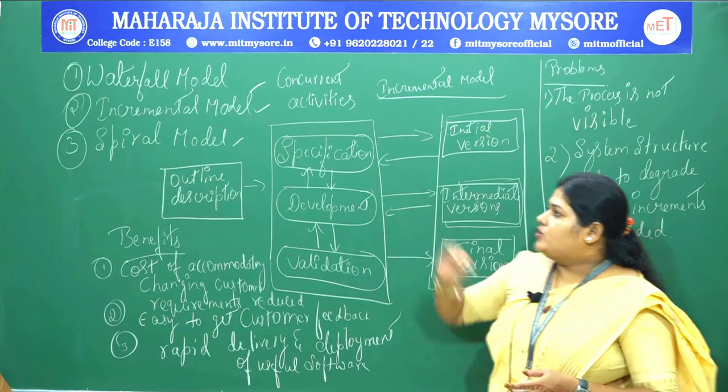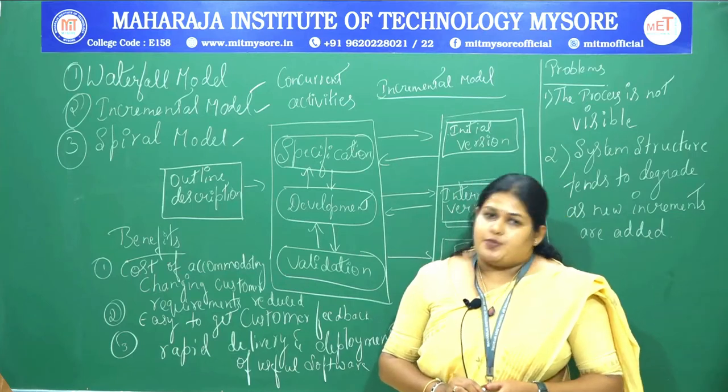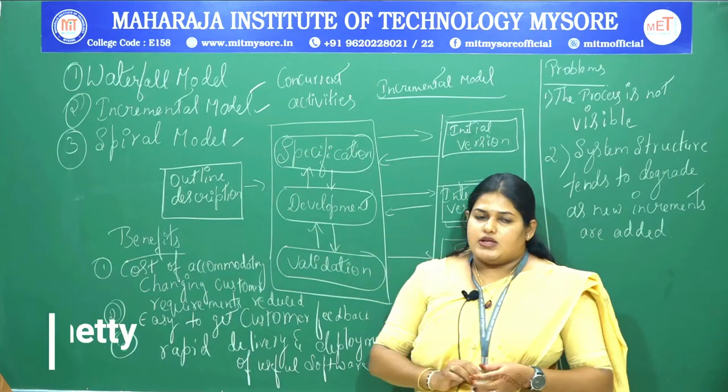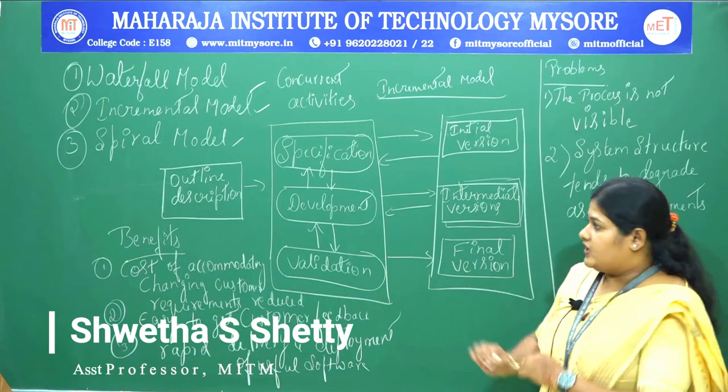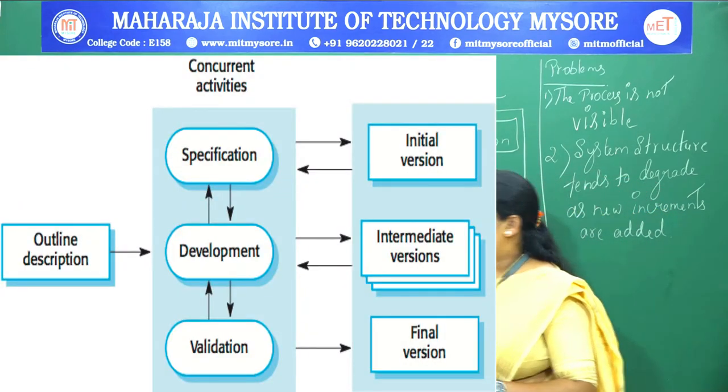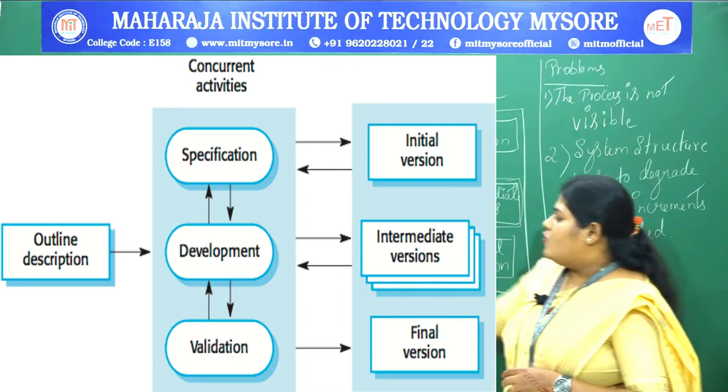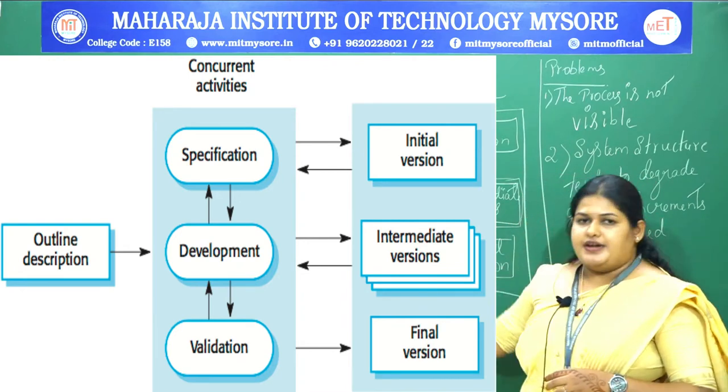So, in order to overcome that problem, the incremental model was built in such a way that, as you can observe in the figure, you have the outline description followed by the concurrent activities.